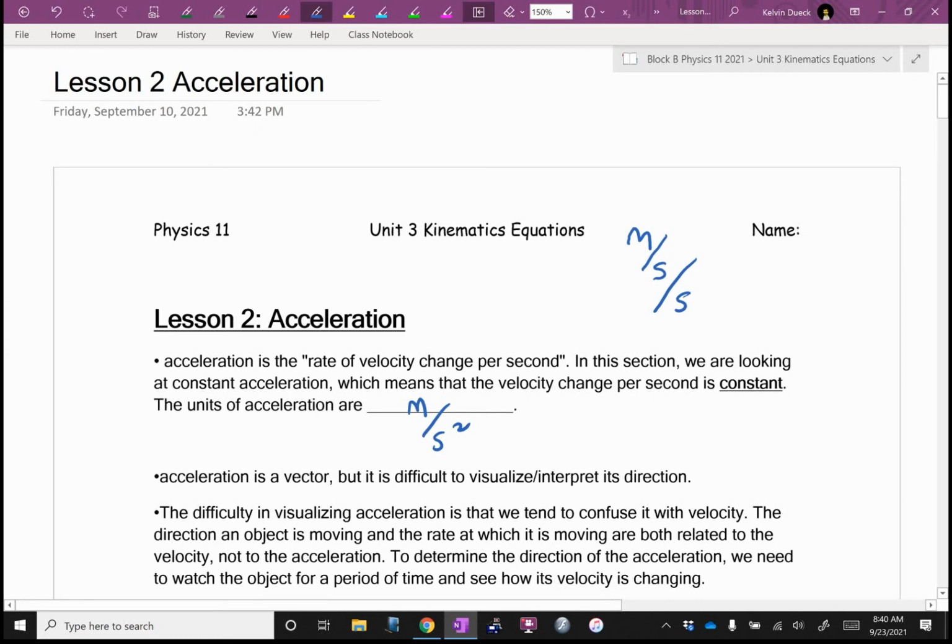If you see meters per second squared next to a number, that's an acceleration. What is it if I see meters per second squared next to a number, Brandon? Squared. Good. Nick, I see meters per second squared and there's a number next to it. What might that be? Acceleration. Yeah. This is why it is worth memorizing what units go with what. It really cuts down on your thinking.